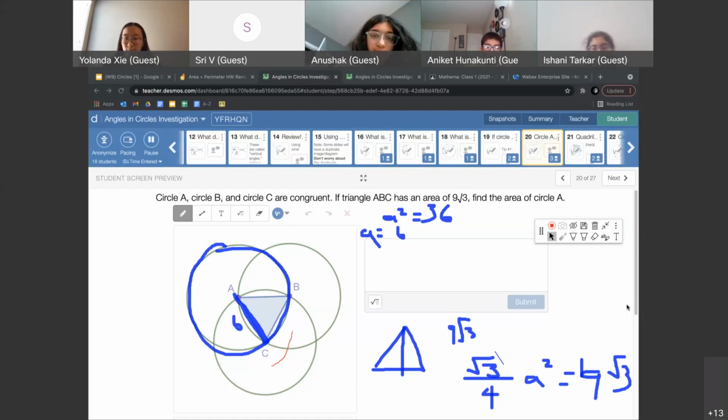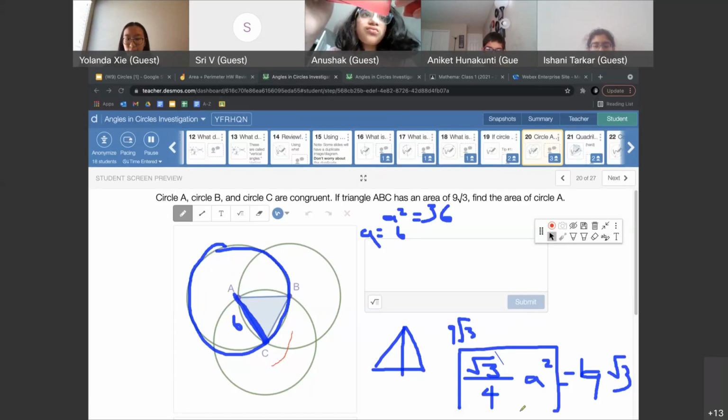Wait, I'm still confused. How did you get 6? All right, so this is knowledge from past lessons, but the easiest formula for the area of an equilateral triangle is right here, radical 3 over 4 times the side length squared. And then we have the area.